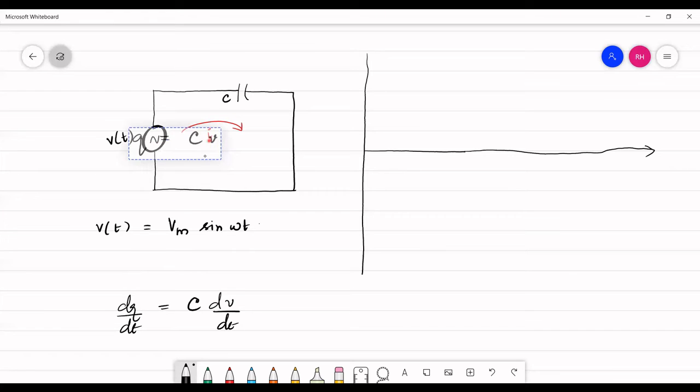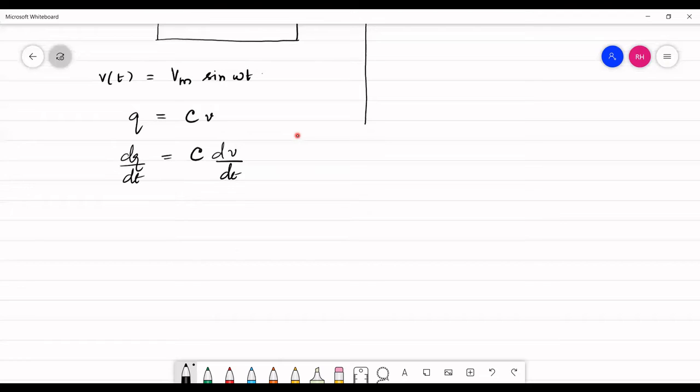And we know dq divided by dt is equal to current. I of t is equal to C. In place of V, let us substitute Vm sine omega t, d of Vm sine omega t divided by dt. And Vm being a constant, take it outside the differentiation. So it is d sine omega t divided by dt.